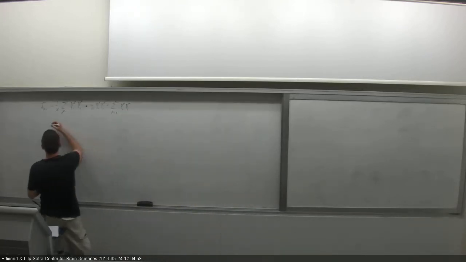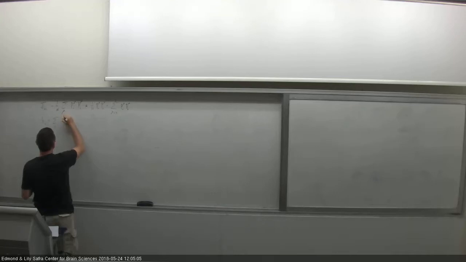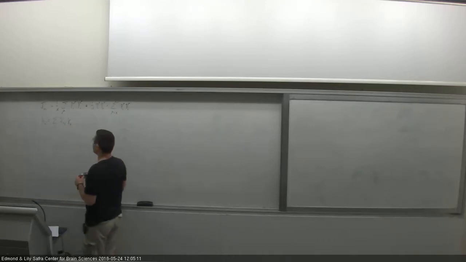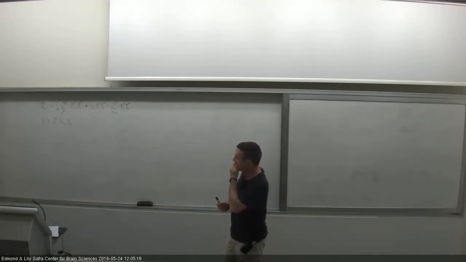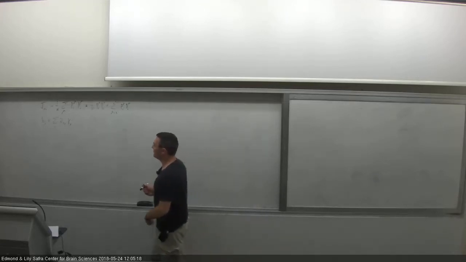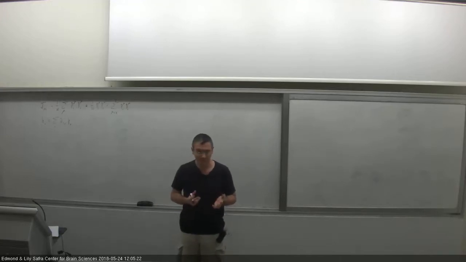Now, if we consider the input to neuron i, this input is equal to the sum over all neurons in the network Jij Rj, where Rj is the activity of the jth neuron. So the way that we thought about this problem was the following. We said, let's see whether a memory pattern is a fixed point of the dynamics.